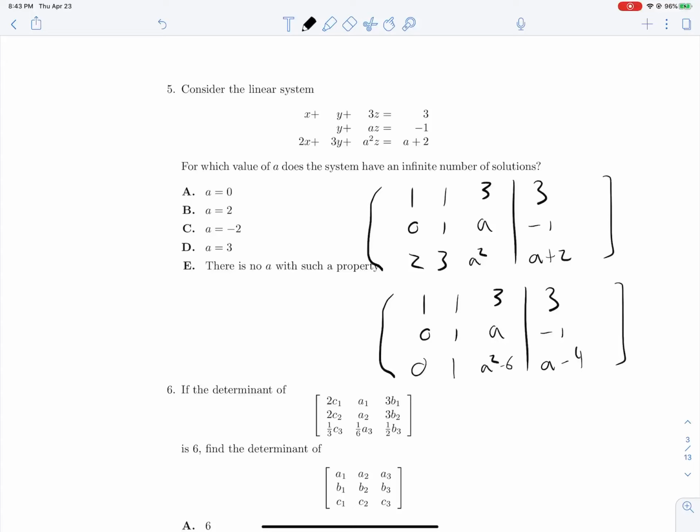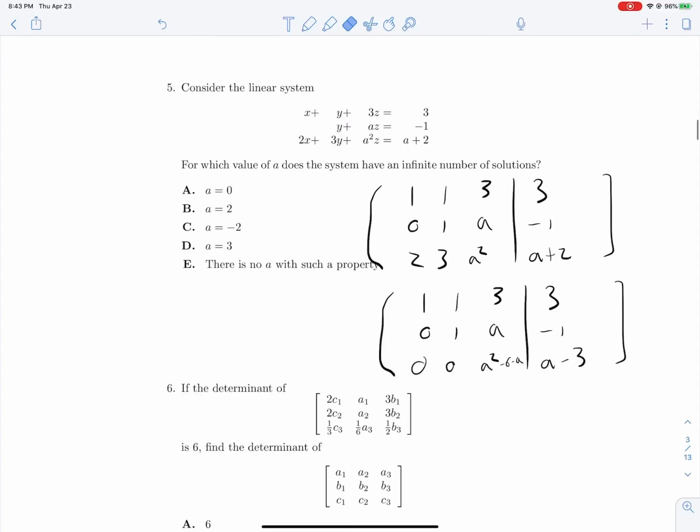Let's subtract row 2 from row 3. That will give us a 0 here, a minus 6 minus a here, and plus 1, so a minus 3 there. In order for us to have infinitely many solutions, we don't want our system to be inconsistent, but we want this entire bottom row to be equal to 0.